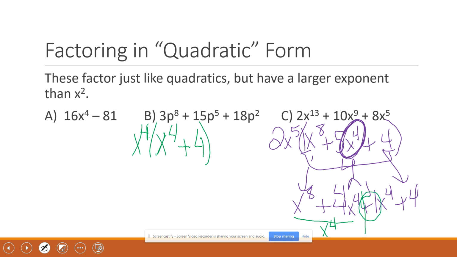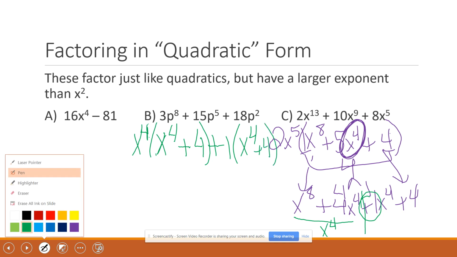My next part starts with adding. And my common factor for 1x to the 4th and 4 is 1. Remember, you always have to pull out a common factor when you're doing factoring by grouping. Always. And so that doesn't change anything over there on the right. That's still x to the 4th plus 4.